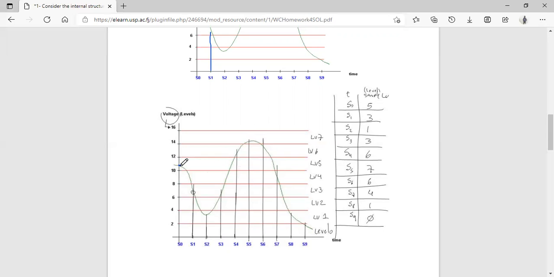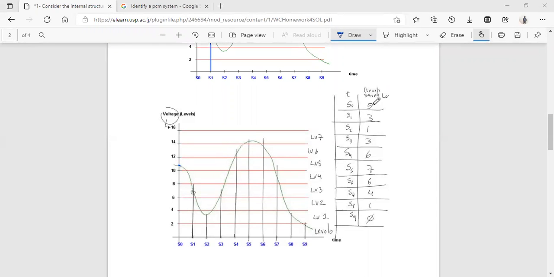This point corresponds to level number 5. So sample 0 falls under level 5, that becomes a discrete level, our digital value of 5.